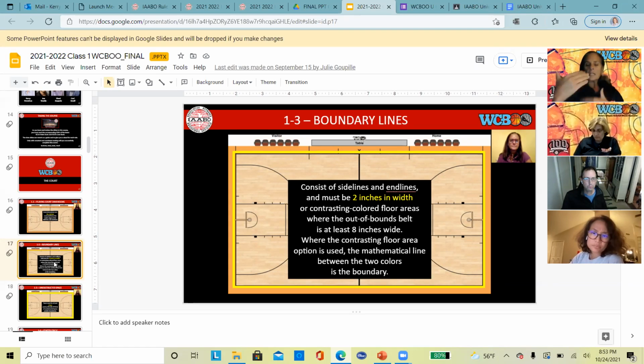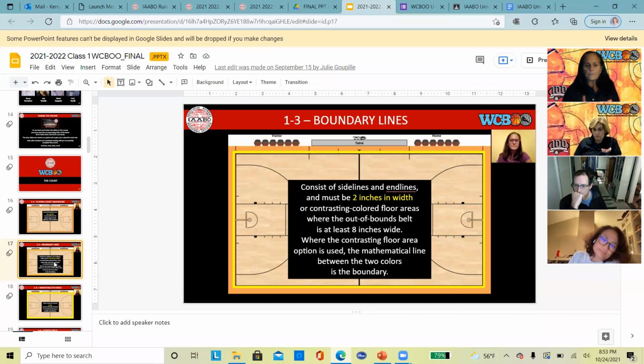We don't really have much to say about this stuff when we walk into the court. The court is what it is, and we have to play on what we have. But there are some specific things that the court has to have for it to be legal. So like the lines around the court should be at least 2 inches wide, for instance.